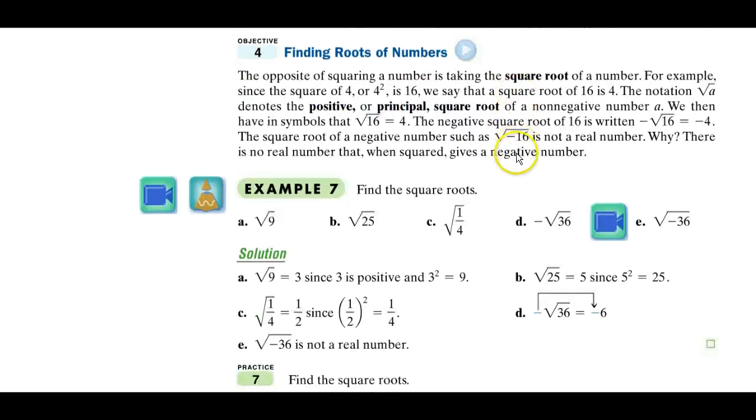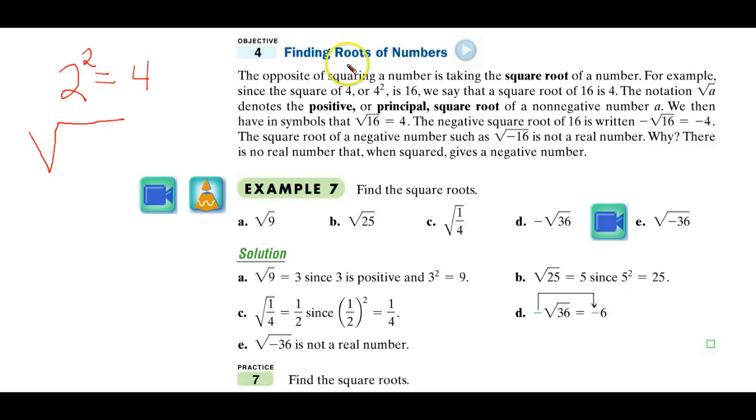So objective 4 now is finding roots of a number. Well, when we have a number like 2, and we're raising it to the power of 2, we get 4. Now 4 is a perfect square. We also have, earlier we mentioned the radical sign, which is square root.